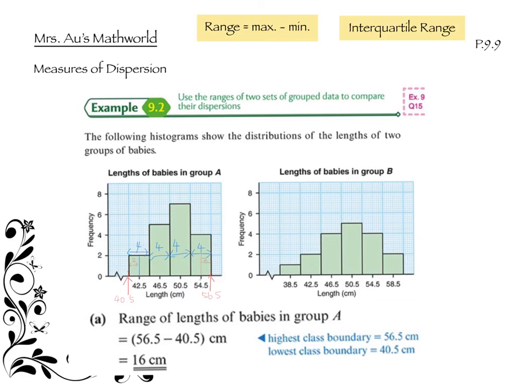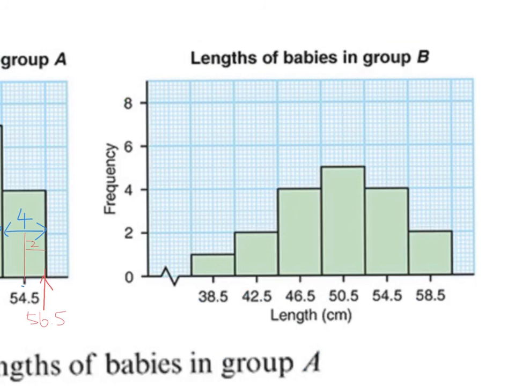So similarly, we do it for group B. For group B, we also get 4 as the length of the bar.